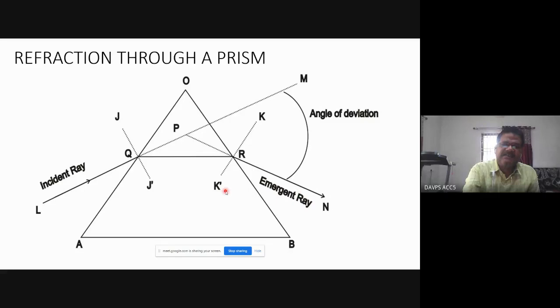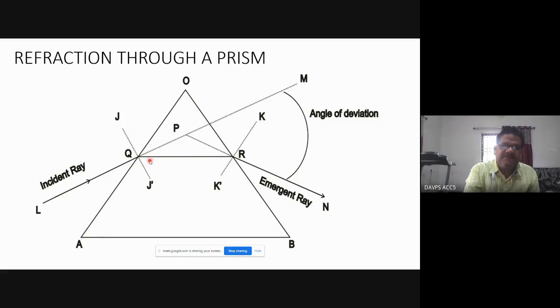This is the normal to the surface OA, and this is also the normal to the surface OB. Whenever the ray of light is striking and coming out, you must identify the angle of incidence and the angle of refraction.